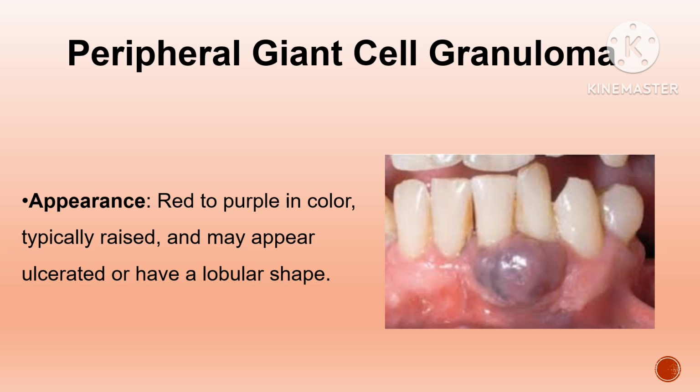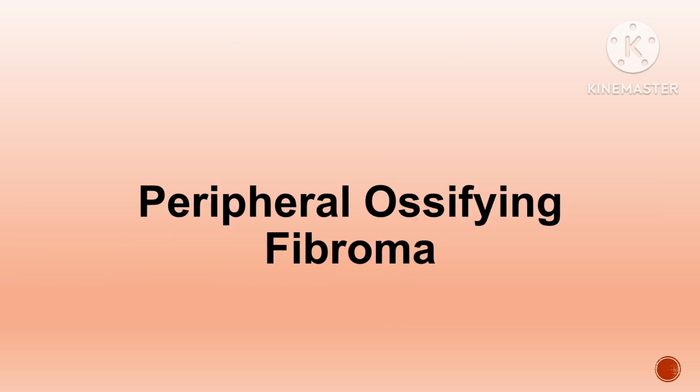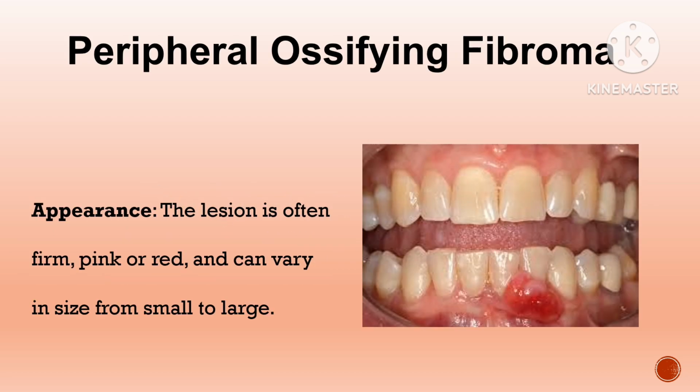Giant cell granuloma occurs due to stimulation of proliferation of fibroblasts and multinucleated giant cells due to chronic trauma or irritation. In peripheral ossifying fibroma, there is stimulation of fibrous connective tissue with a varying degree of calcification, and this is exclusively found in the gingiva, frequently in the anterior maxilla.